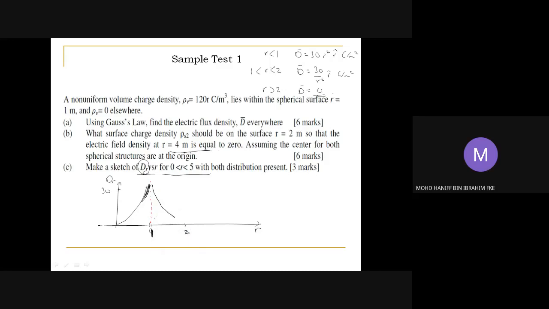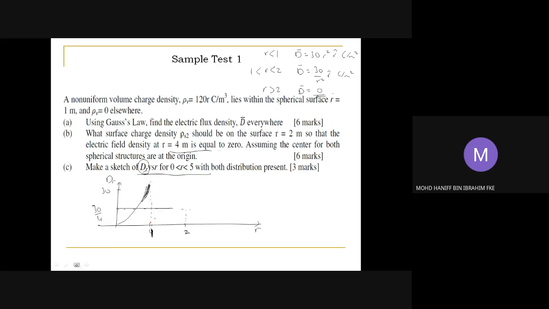Sorry, 30 over r squared. Let's say this value here is 30 over 4.